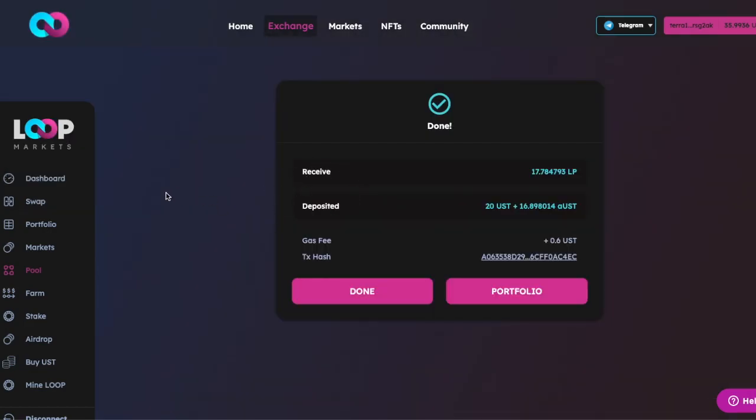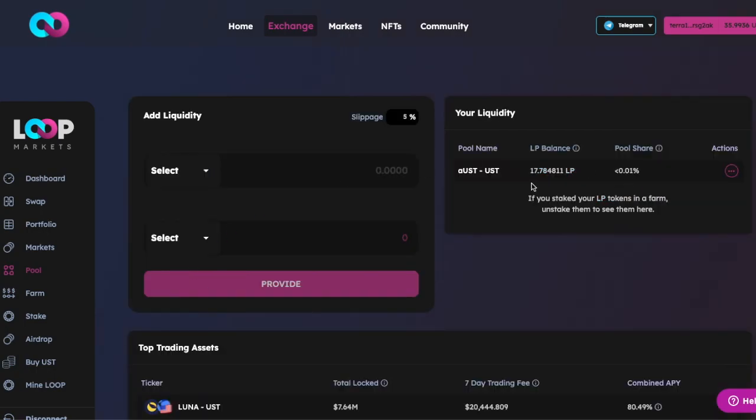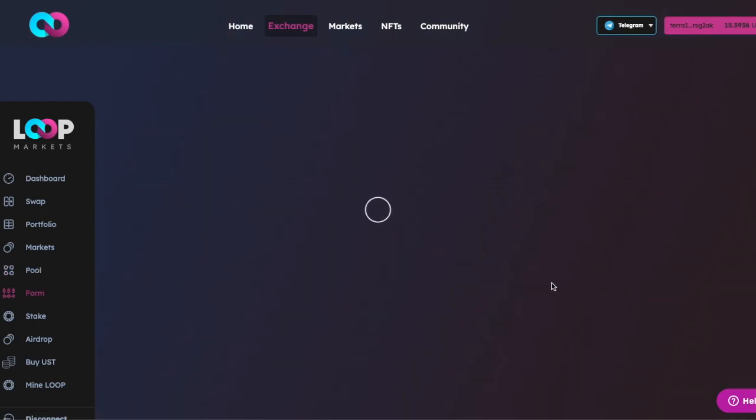Once I've approved the transaction, you can see I've received 17.78 LP tokens. I already have something staked, so I'll show you. So I have provided liquidity, and now I'm going to farm with this liquidity. Go here to actions and click on farm.